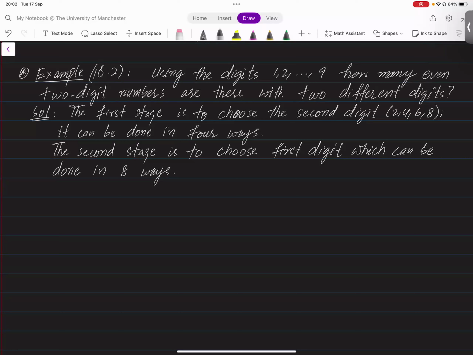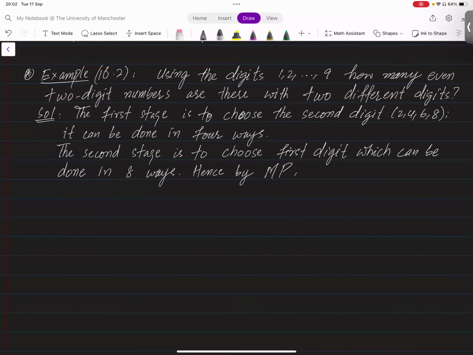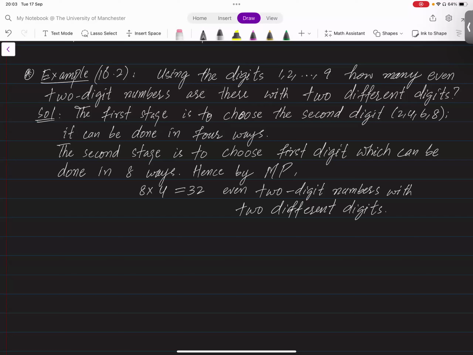Hence, by the multiplication principle, we have 8 multiply 4, which is 32 even two-digit numbers with two different digits.